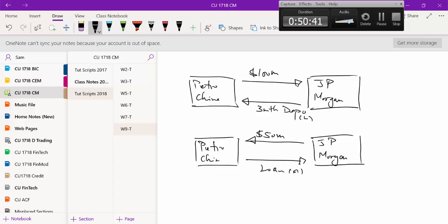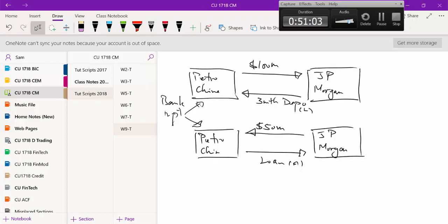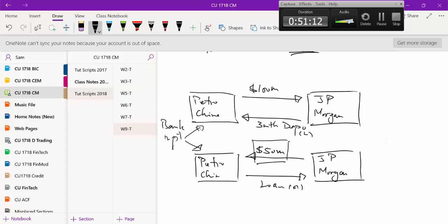No, I'm sorry, let's just say PetroChina went bankrupt. It's easier to explain that way. So PetroChina went bankrupt. So now JP Morgan is jumping up and down. JP Morgan wants to get back the 50 million, all right? And PetroChina says, look, I gave you 100 million, so I want to have that back.